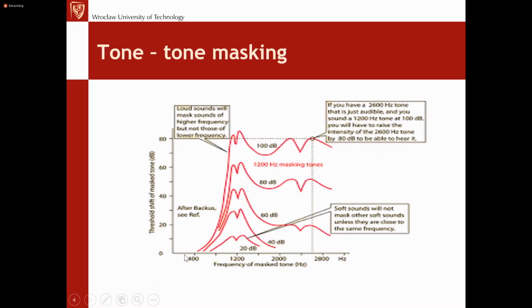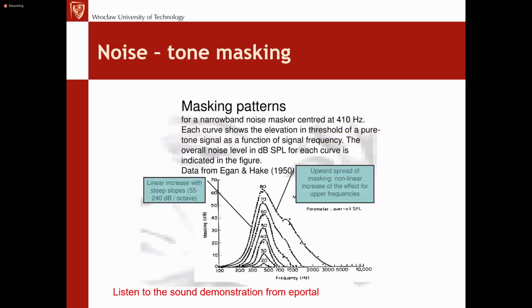We have here a very steep curve and a rather flat one for higher frequency masking efficiency. And in this case, we have almost the same, but a slight difference.